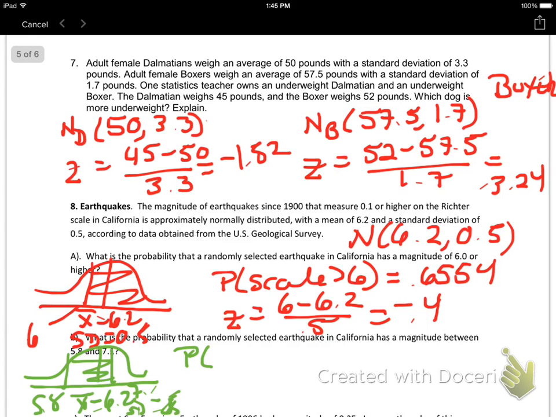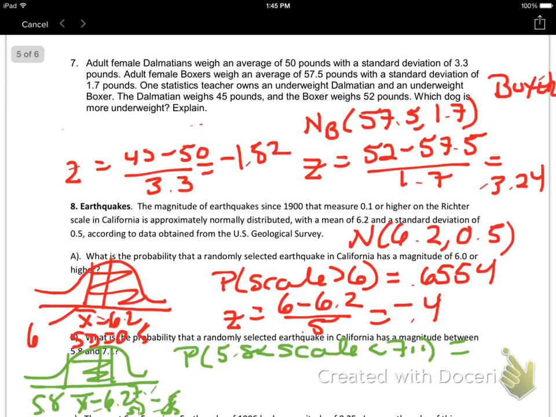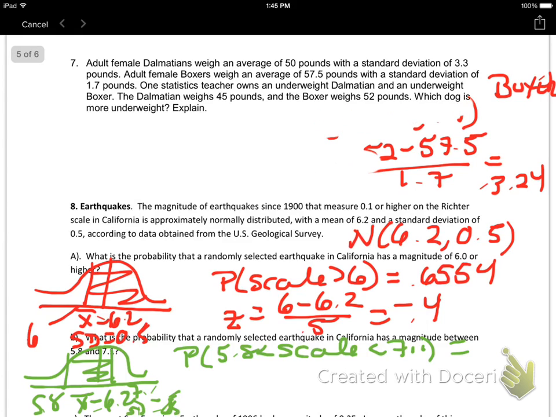So the probability that my scale is between 5.8 and 7.1 is equal to, so I have two z-scores. Okay, you guys, this is ridiculous that I'm doing that, so I'm going to erase up here. It's ridiculous to do all that work so skinny.